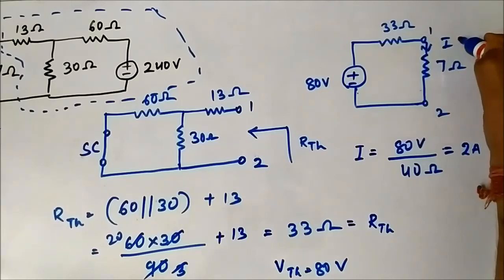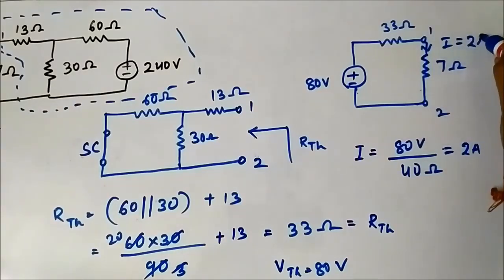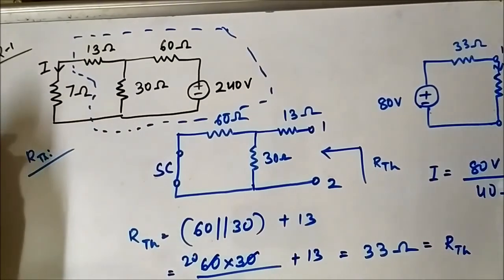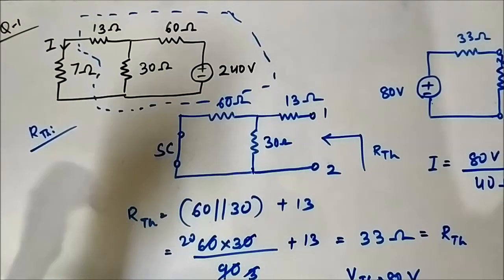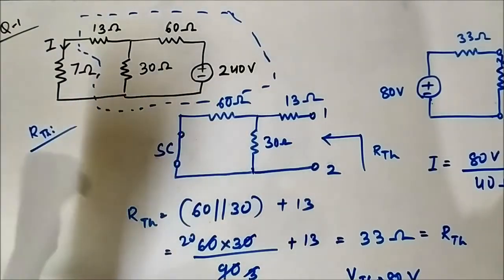So the current flowing through the 7 ohm resistor is equal to 2 ampere, as per Thevenin's theorem. This is the application of Thevenin's theorem to determine any circuit parameter, voltage, current, whatever.